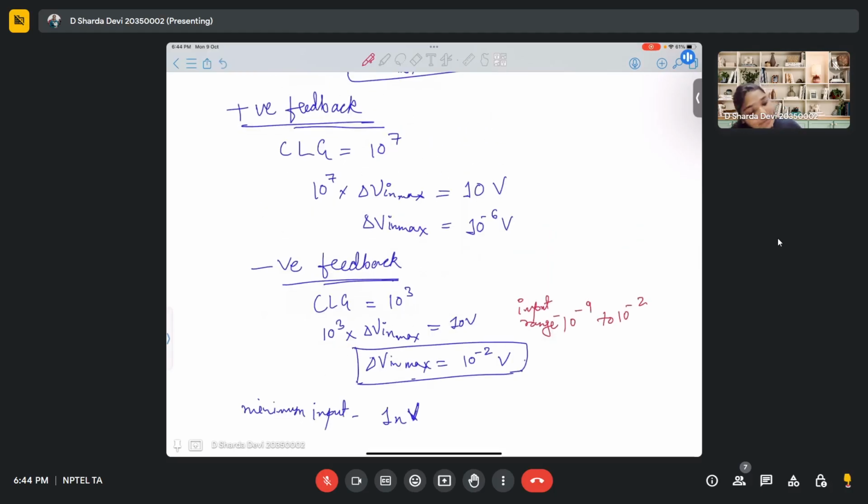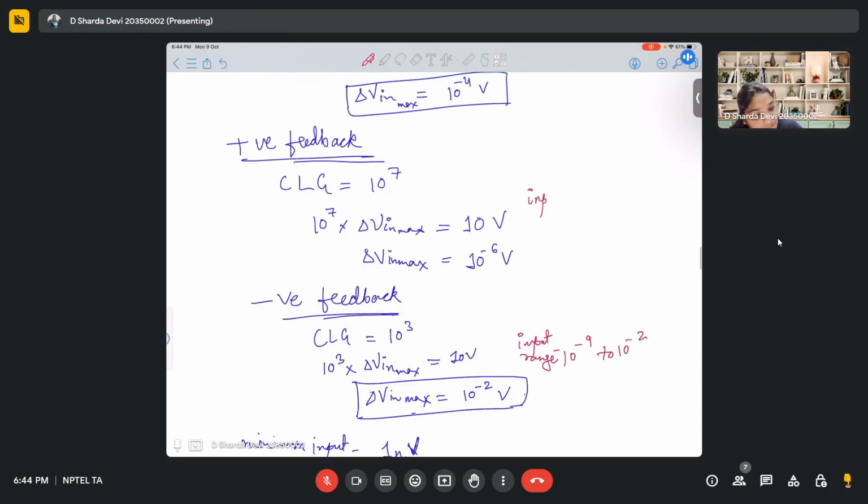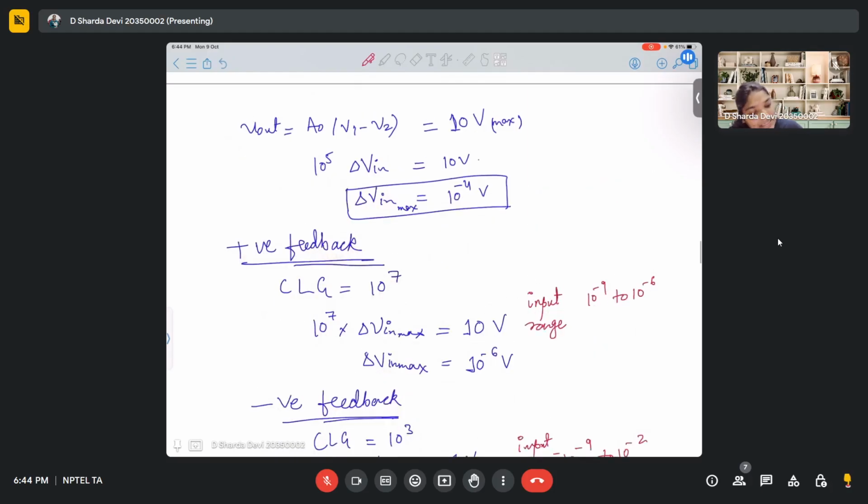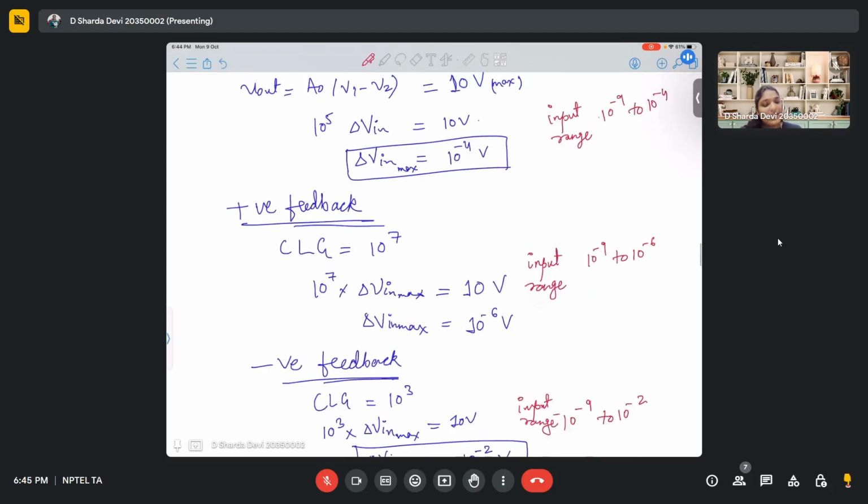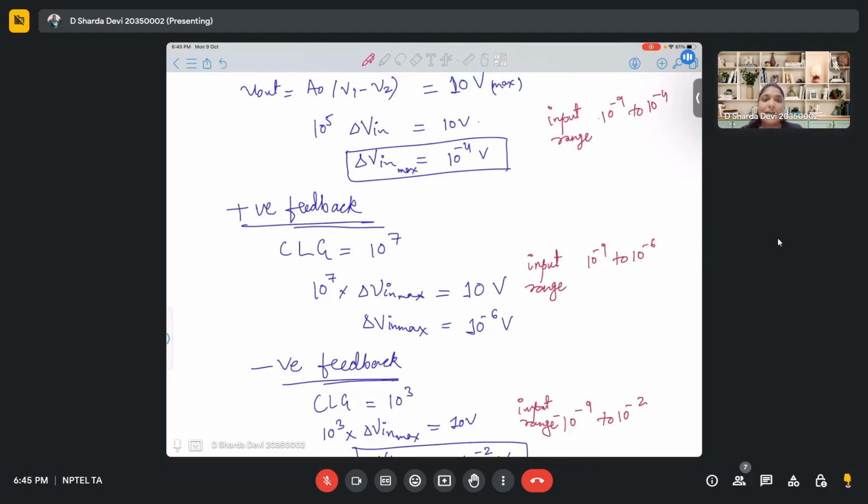In case of positive feedback, the input range is 10 to the power minus 9 to 10 to the power minus 6. Whereas in case of a normal op-amp, that is the open loop one, it is 10 to the power minus 9 to 10 to the power minus 4. So can you see how we have increased our input range, that is, the amount of inputs that we can provide so that we can use our circuits reasonably well?